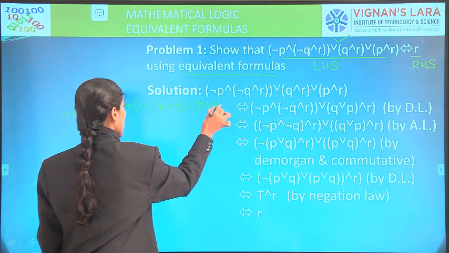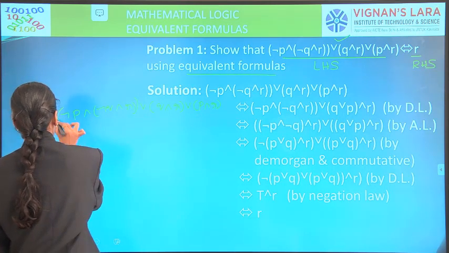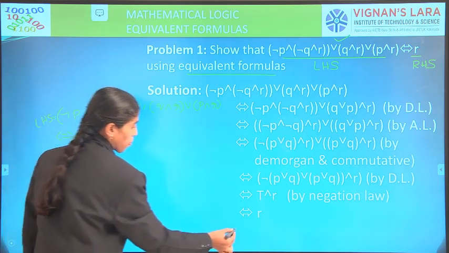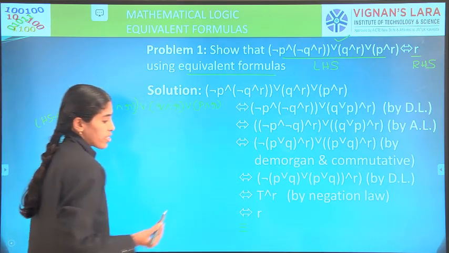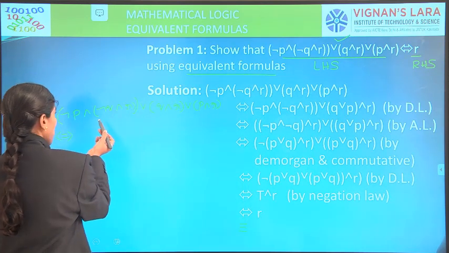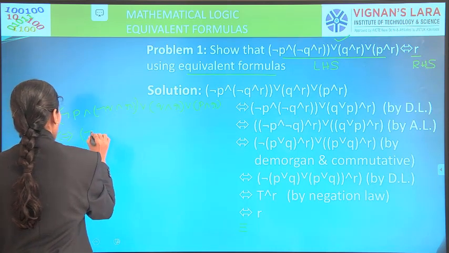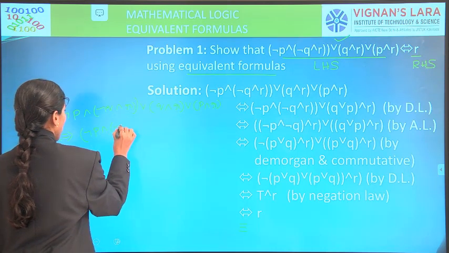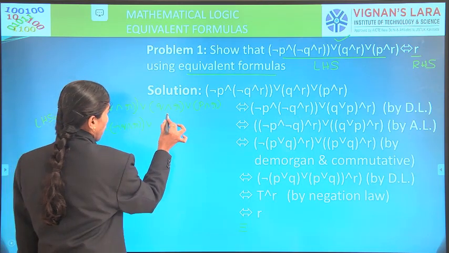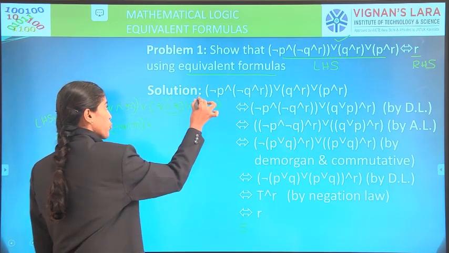This is the LHS expression, which is equivalent to, we use this equivalent symbol, otherwise we can also use this symbol, right? So if you observe here, we write the first one as it is, and R is common in these two terms.